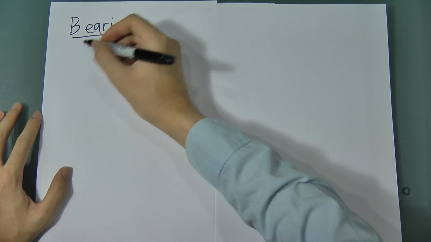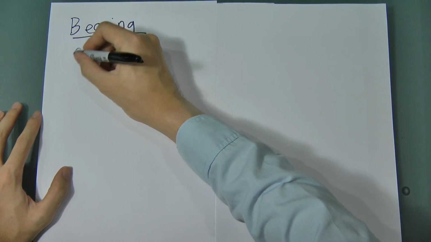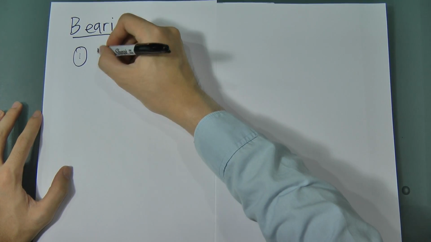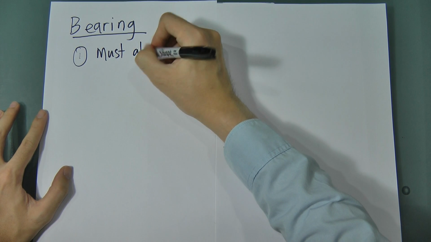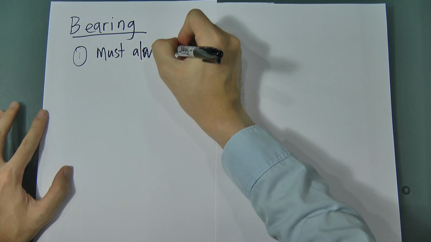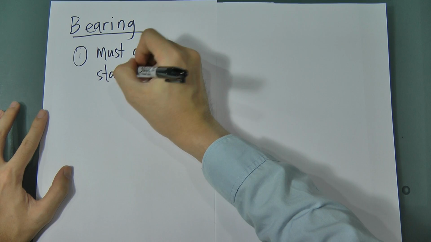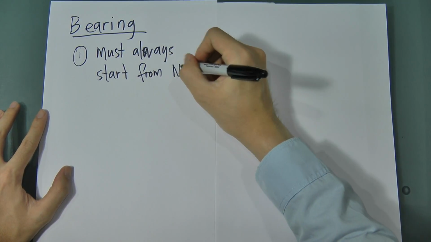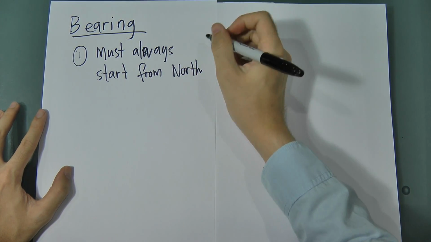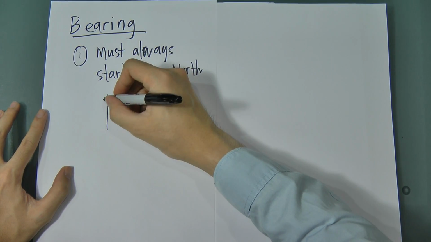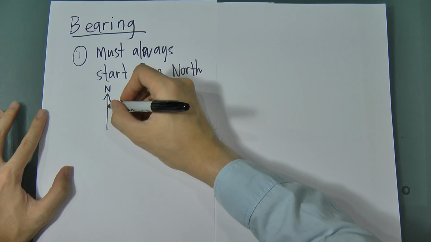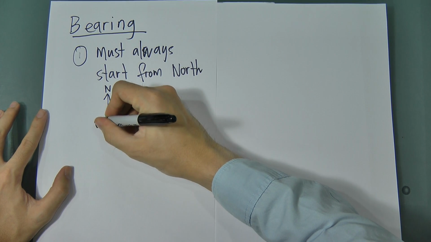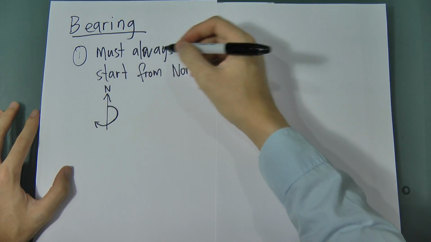One is the bearing must always start from north. It means the angle of the bearing has to always start from north, and then we turn this way.